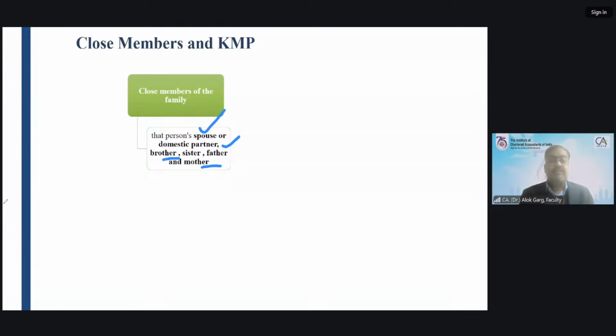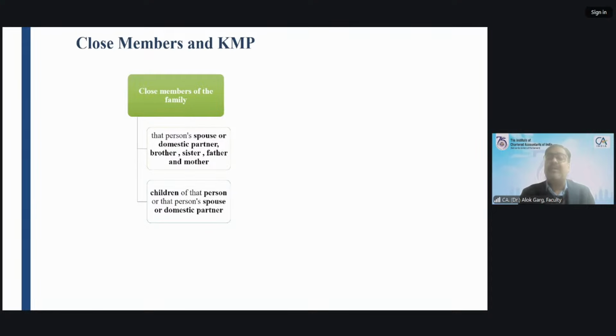So, parents, mother and father, brother and sister of that person will also become a related party. Children of that person or that person's spouse or domestic partner. In a nutshell, children of that person will also become a related party.